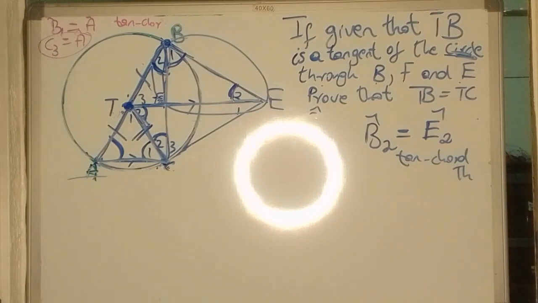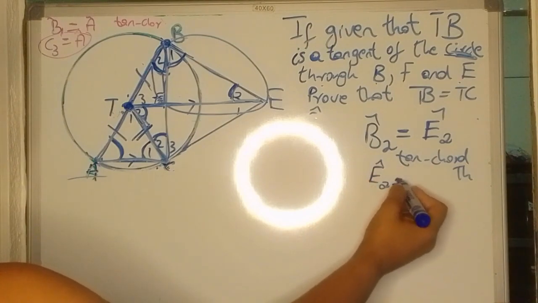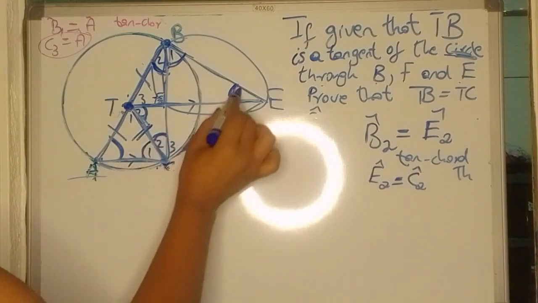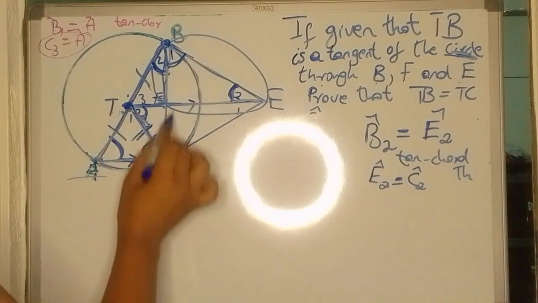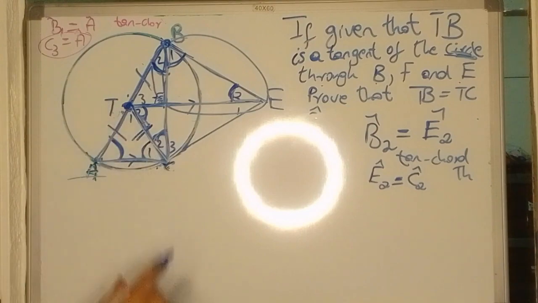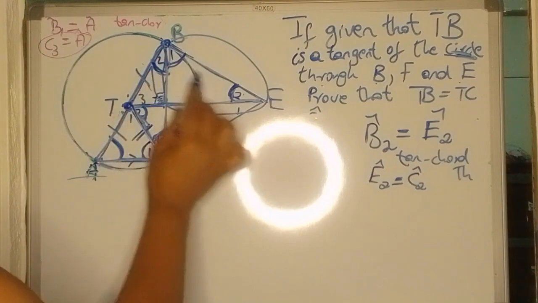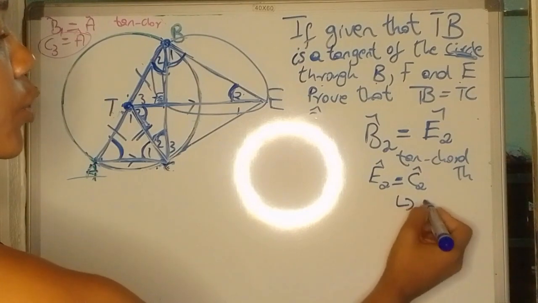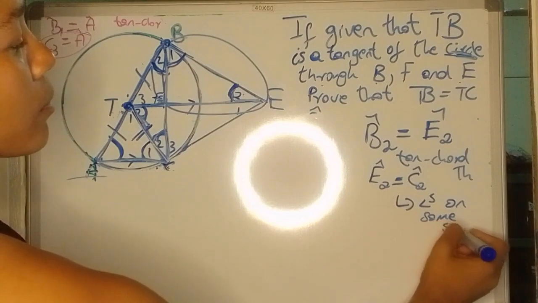Okay, so what else? We know that angle E2 is equal to angle C2. Notice the bow tie, okay? And we had proved that BECT is a cyclic quadrilateral. Both these angles are suspended by TB and they are in the bow tie. That means they are on the same segment. The reason for this one: angles on same segment.